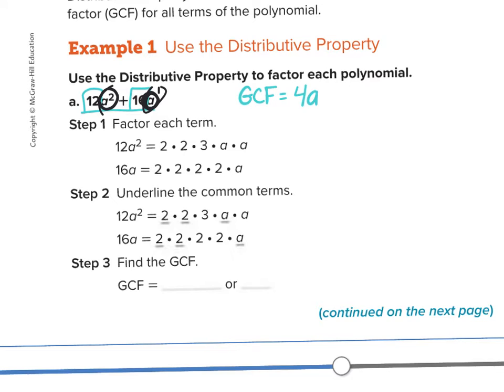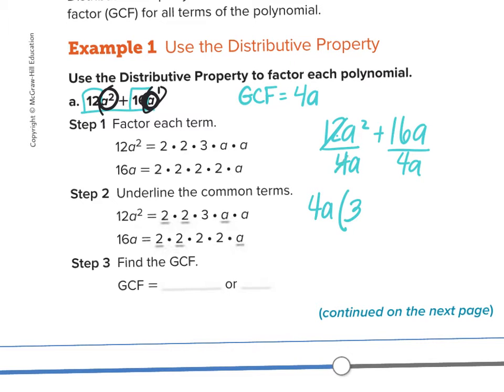So I'm going to write this over to this side. 12a squared plus 16a. So if my greatest common factor is 4a, I'm going to divide each of them by the common factor, because remember I'm working backwards to see what they multiplied. That number and variable goes outside the parentheses, and then we divide these. So 12 divided by 4 gives us 3, so those are done.